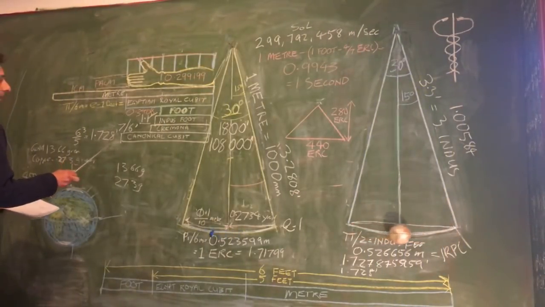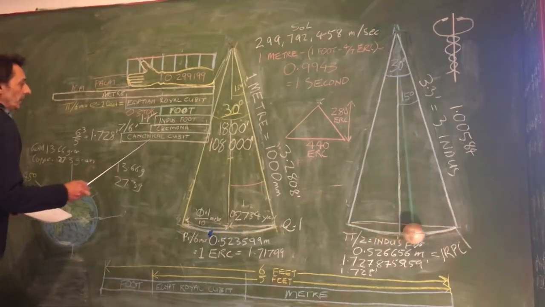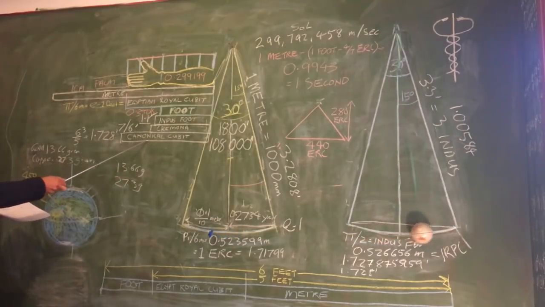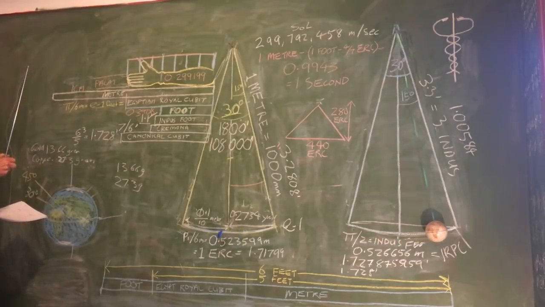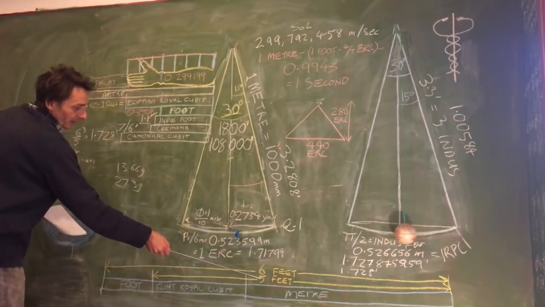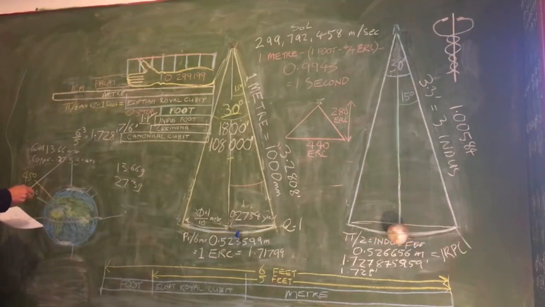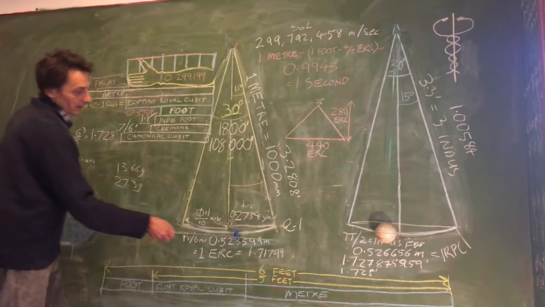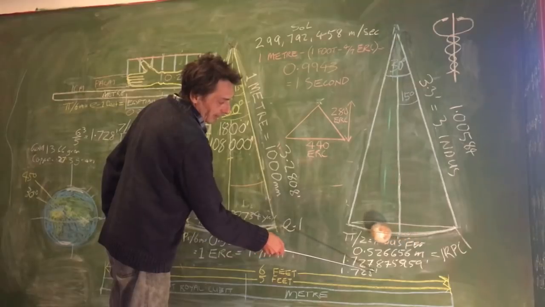so we have the Indus foot, and we also have the Canonical Cubit, which Michel and Robin Heath have spoken about. And 1 Canonical Cubit is 1.728 feet, or 6 over 5 cubed, or 1.728.